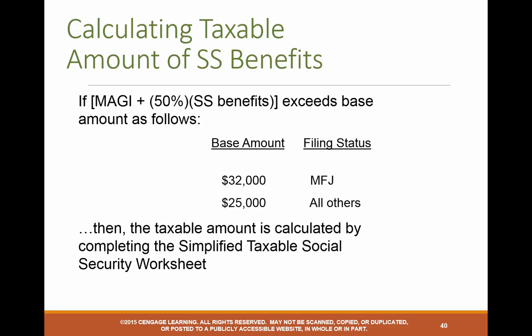So like if all you get is Social Security, you're not going to pay tax on any of the benefits, right? I get a couple grand a month, Social Security, and that's what I live on. I don't have any other modified adjusted gross income. So half of my Social Security benefits is going to be under this. I'm not going to pay any tax on them. But if I also get a pension for $3 grand a month, or I also have investments that give me $3 grand a month, or rentals, then I'm probably going to have to pay tax on part of my Social Security benefits.